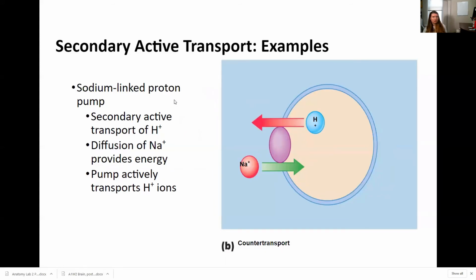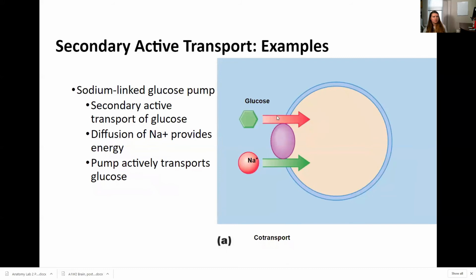Another example of secondary active transport is the sodium-linked proton pump. And we're illustrating it here because I want to make sure that you realize that we're not always going to have secondary active transport moving in the same direction. It would be easy if our primary active were always in opposite and our secondary active were always in the same, but that's not true.